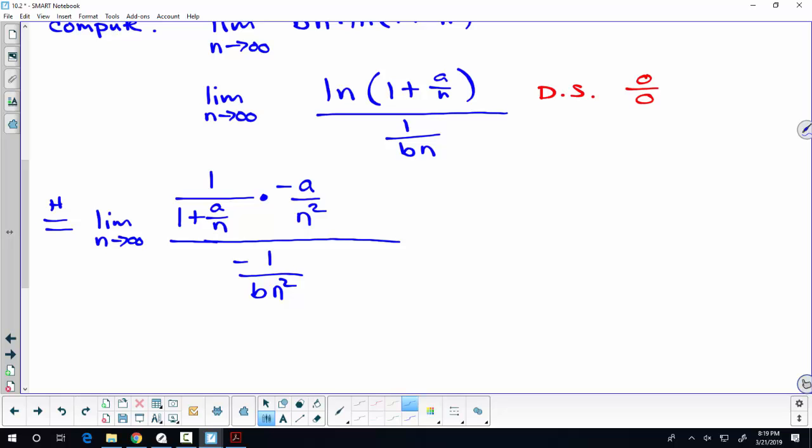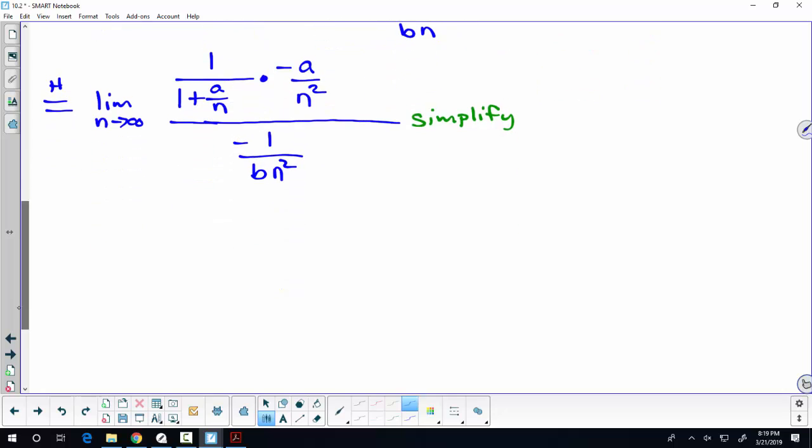Okay, so remember, after you use L'Hopital's rule, you want to simplify before you compute that limit again. So we're going to simplify this. I suppose the easiest way would be to multiply the top and the bottom by n squared, or maybe we could just divide that out. What do you think?